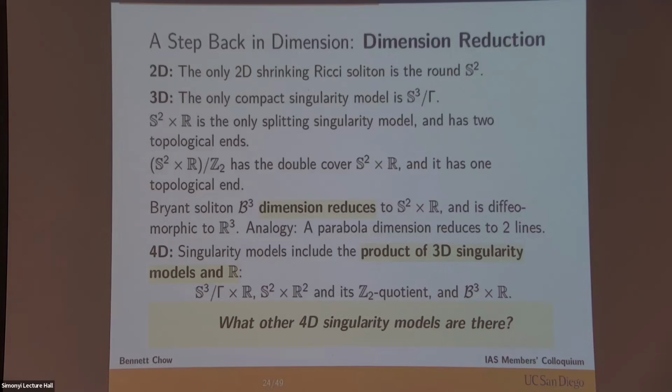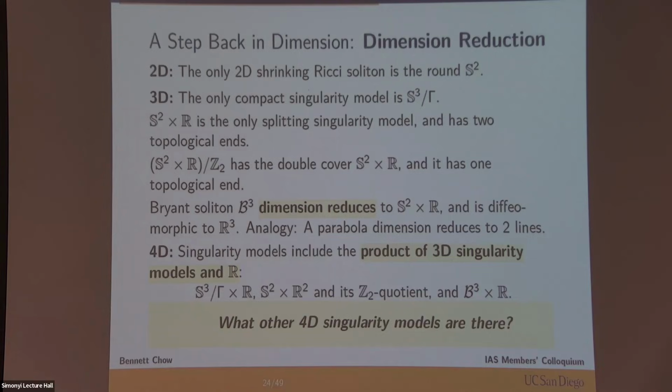In 3D, the only compact singularity model is S^3 mod Gamma. Now, the other singularity models are the splitting S^2 cross R, although it does have a Z_2 quotient. And then we have the Bryant soliton. And then, of course, what you can do is simply take the 3D solitons and cross with R.